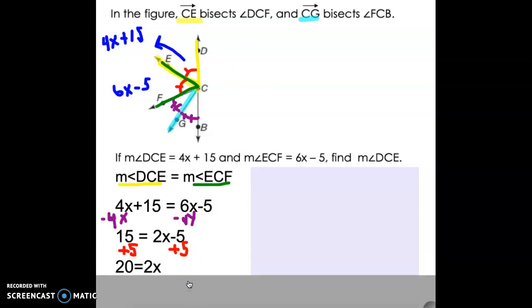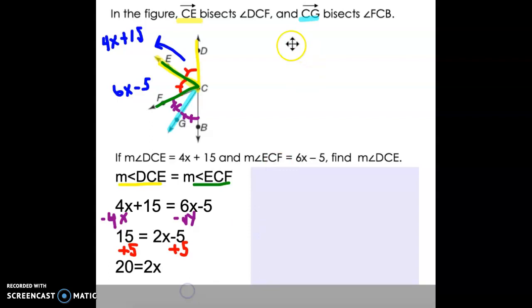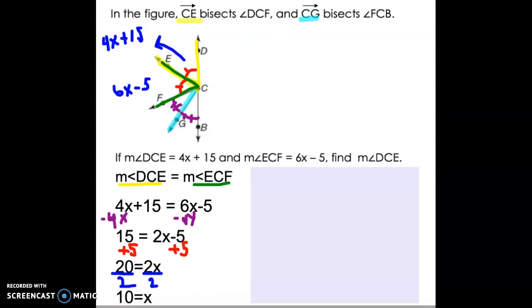Now remember, 2x is like 2 multiplied by x. So to get x by itself, you want to do the opposite of multiplying by 2, which is dividing by 2. So we're going to divide by 2 on both sides of the equal sign, and when we do that, we get that x is equal to 10.